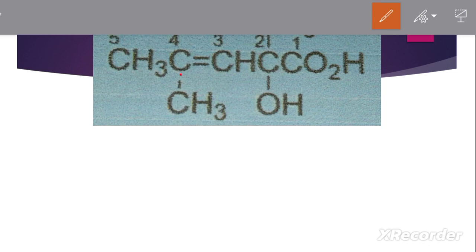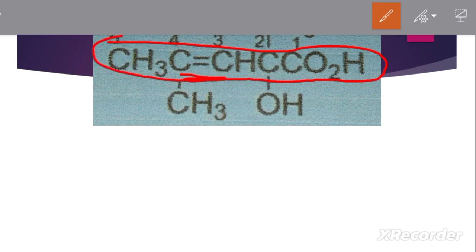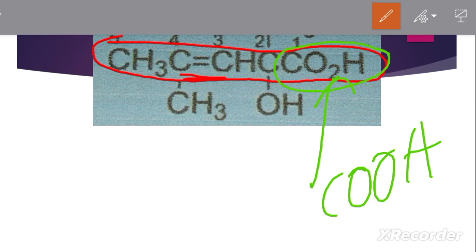So here the double bond is there, so we can consider this as the longest hydrocarbon chain. And you can see here COOH is there as the principal functional group. And here this is the double bond.